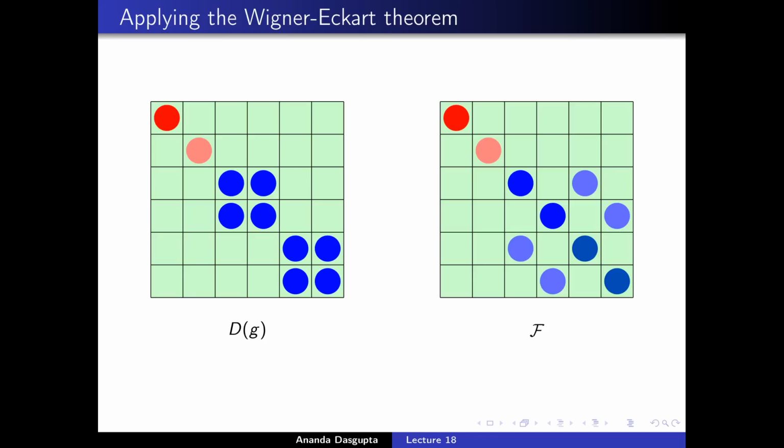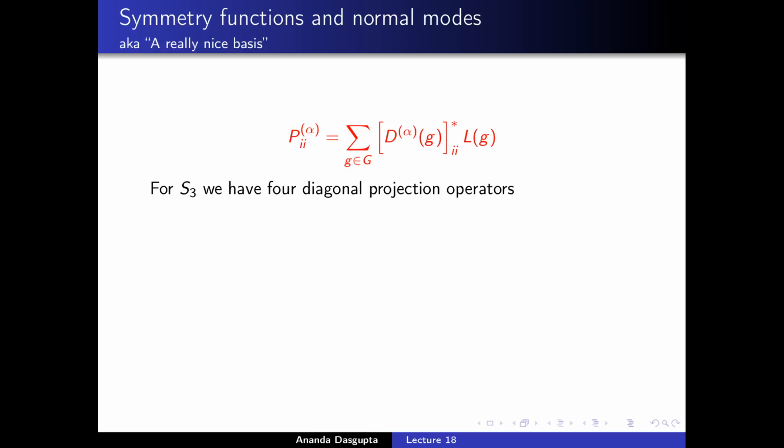The answer, of course, lies in the projection operators that we had spent quite some time on in a previous lecture. Let me remind you that the projection operators were basically defined as follows. The ith diagonal projection operator for the alpha-th irrep, P alpha II, was defined to be a weighted sum of the operators which represented the group in this particular reducible representation.